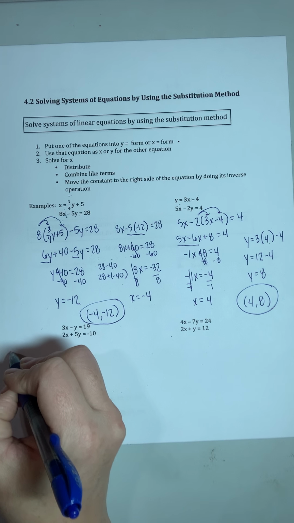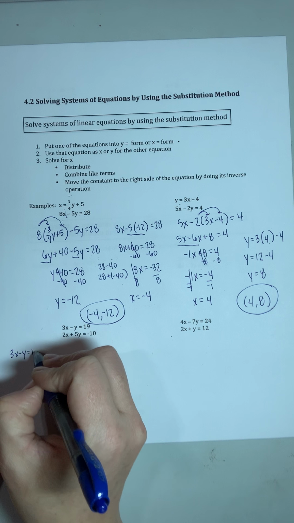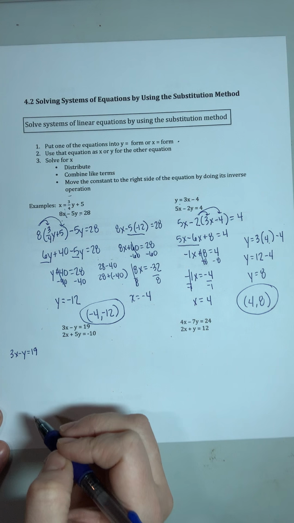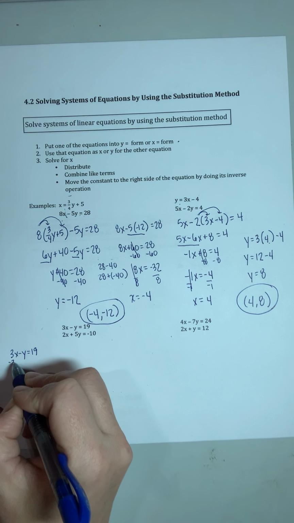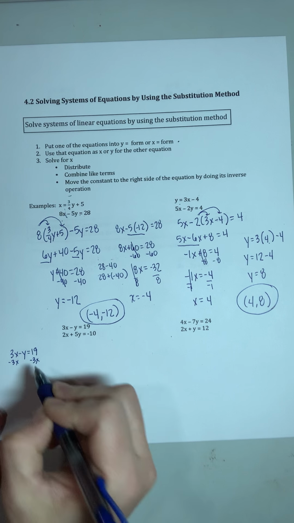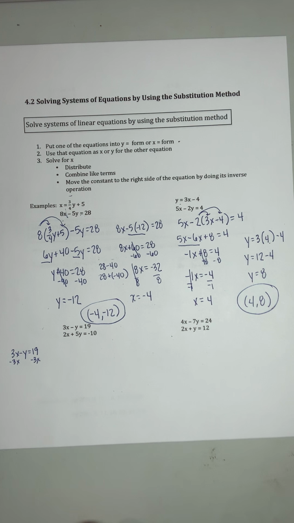So if I have 3x minus y equals 19, to get the y equals, I'm going to move the 3x over. So that's going to give me, well, I just need to make sure you guys can see that.